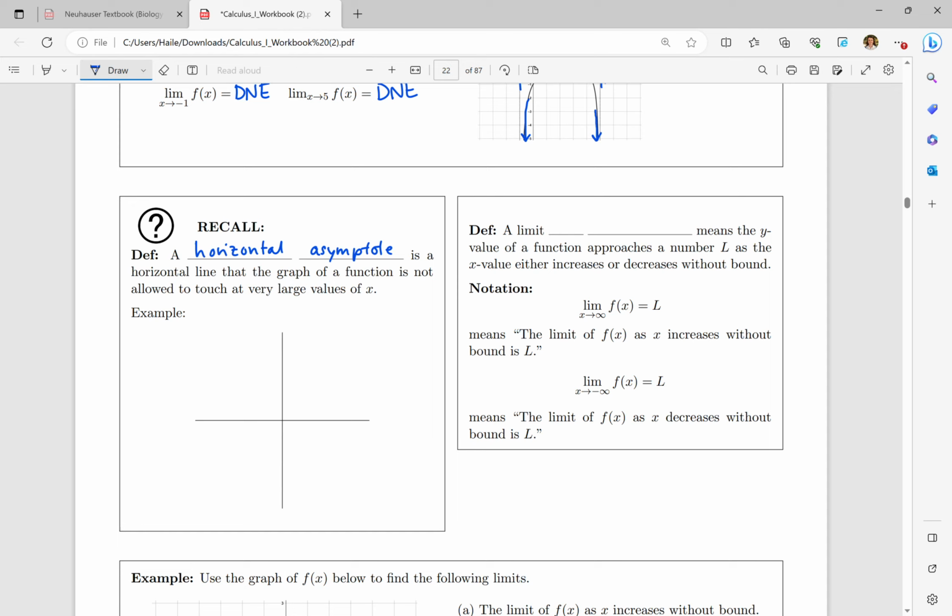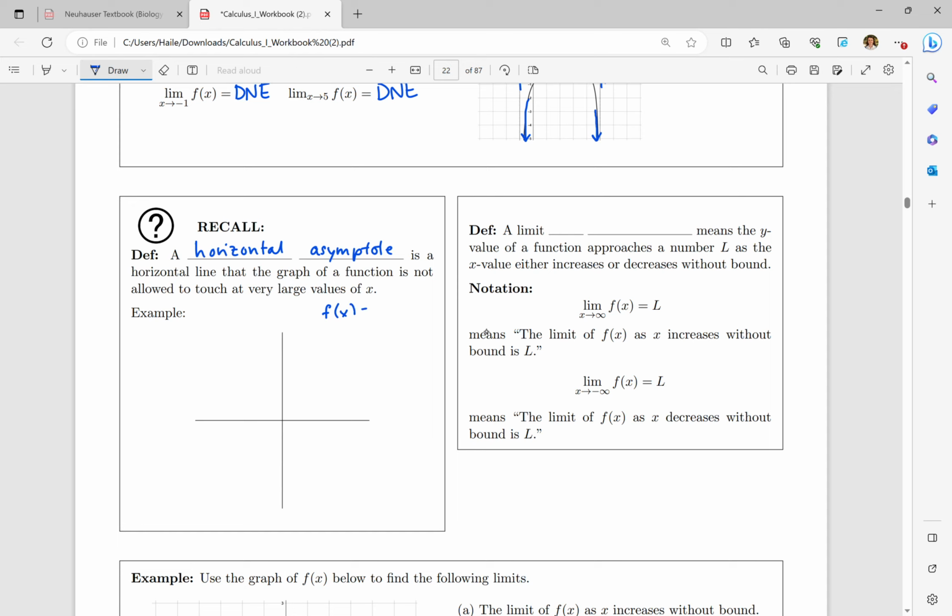Okay, so as an example of that, let's look at f of x is equal to x minus 1 over x plus 2 times x plus 1. All right, so this is going to have two vertical asymptotes because, well, actually, let me write the function over on the other side so we have room to see the graph.